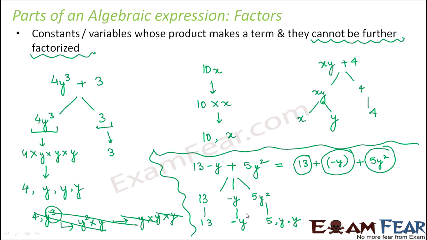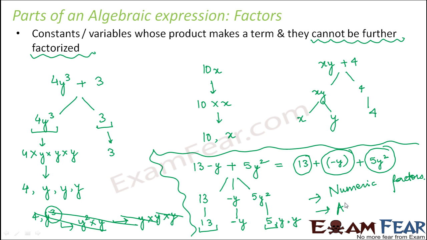Now when you look at these factors, you see that certain factors are numerals or numbers, for example 13 and 5. These are called numeric factors. Numeric factors are those factors which are constants, or numbers. And what about the variables? Like y is a variable which is amongst the factors.